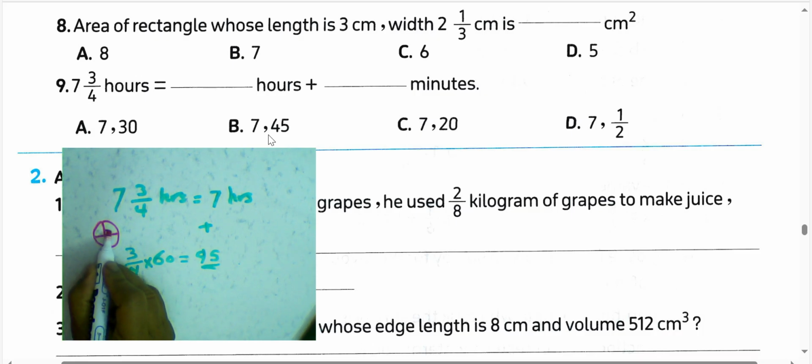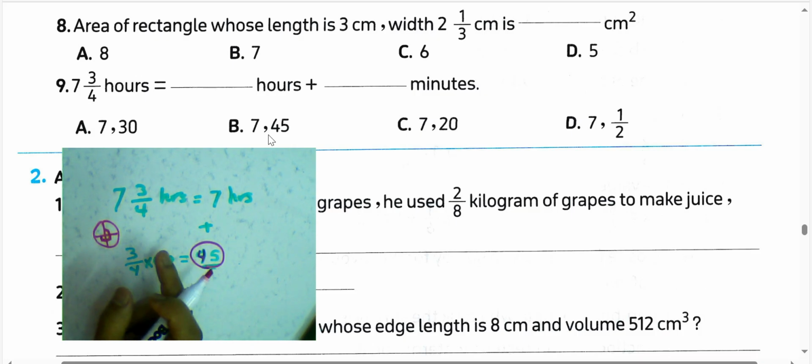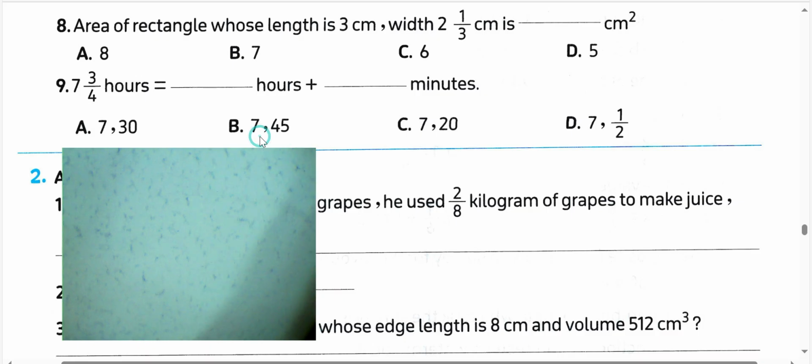Fourth of hour 15 and half of hour 30 and 3/4 of hour equal 45 minutes اللي هي 15 plus 15 plus 15 equal 45. Then يعني تختار letter B.